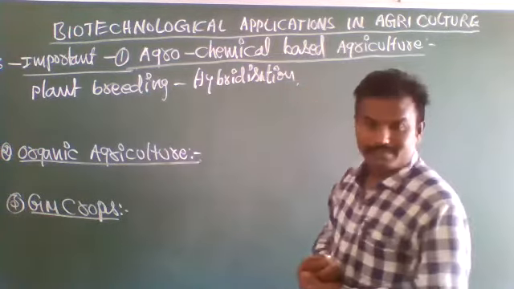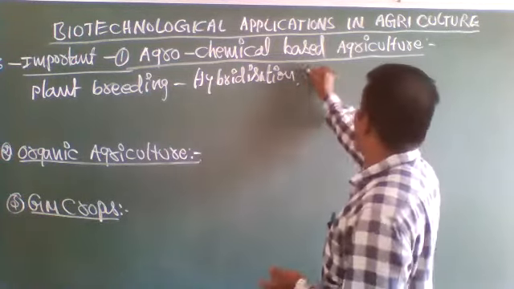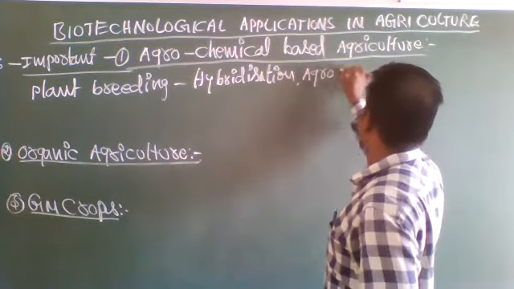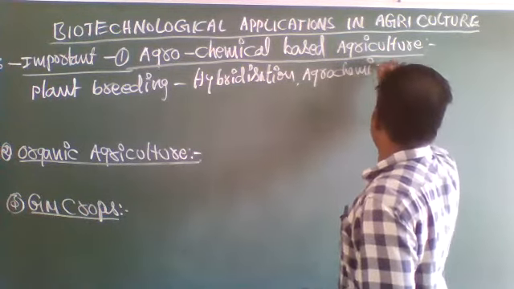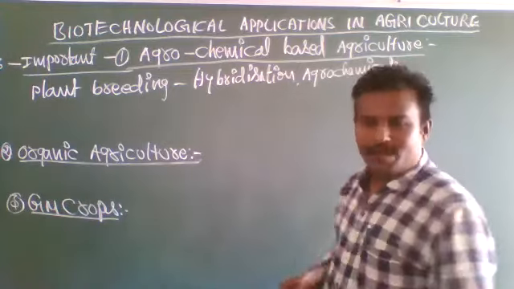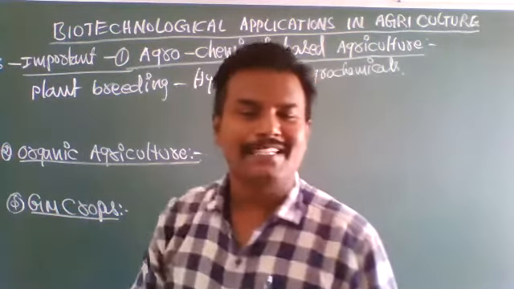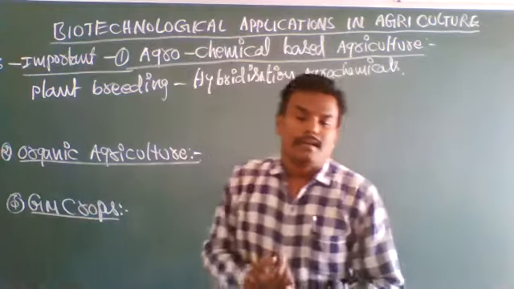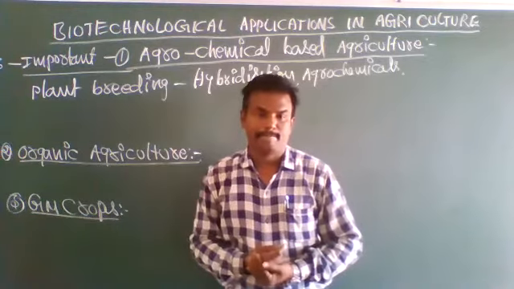Hybridization comes along with the use of agrochemicals. What are agrochemicals? Pesticides and fertilizers are called agrochemicals.